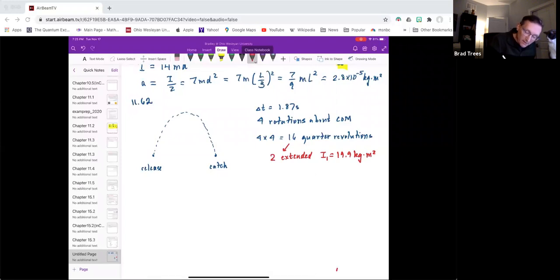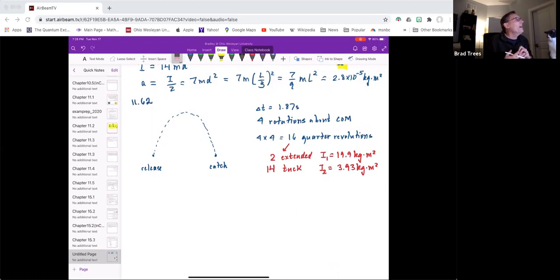And then the remaining 14 of the quarter revolutions are in what's called the tuck orientation, where the rotational inertia is smaller because he's kind of tightened up in a ball. And that rotational inertia is only 3.93 kilogram meter squared. Okay, so we've got 14 quarter revolutions in a tuck and 2 quarter revolutions extended.